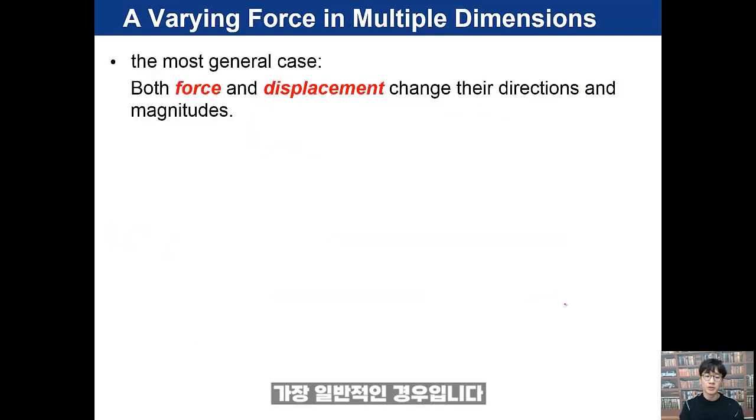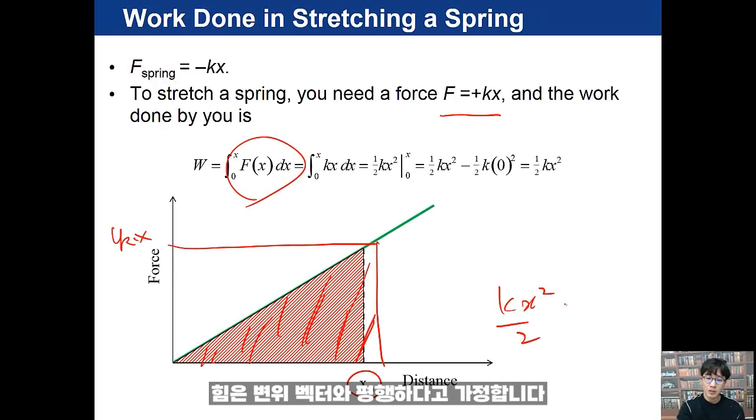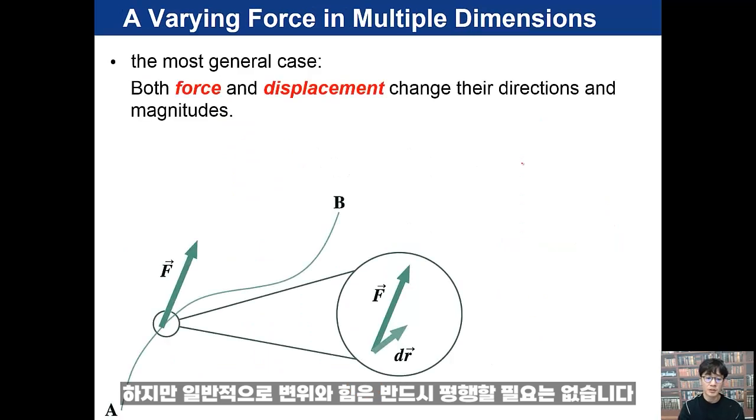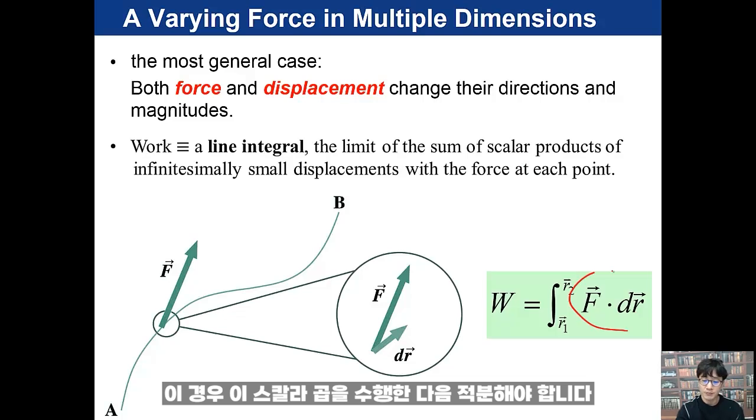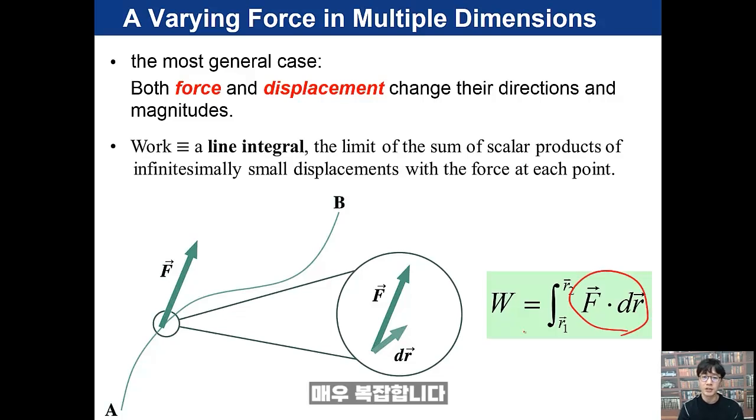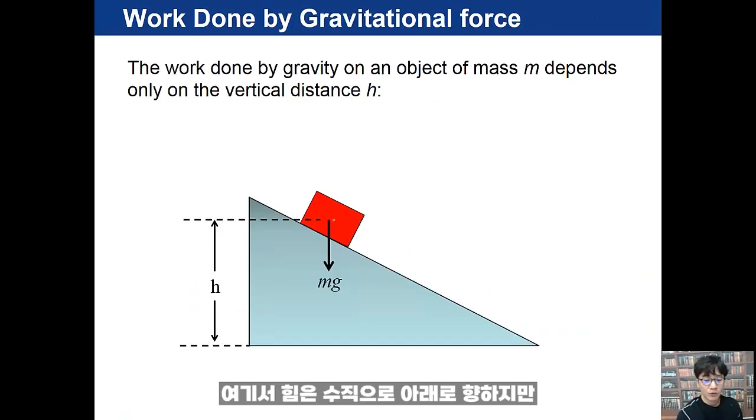That's stretching a spring. In the most general case, we assume that the force is parallel to the displacement vector. But in general, displacement and force don't have to be parallel. Their directions can be different. In that case, we need to do this dot product and then integrate, which is very complicated. For a simple case, here the force is vertically downward, but this object will move along the slope.